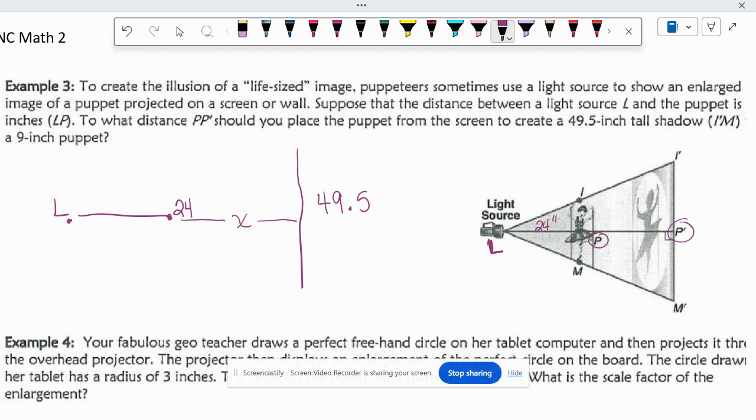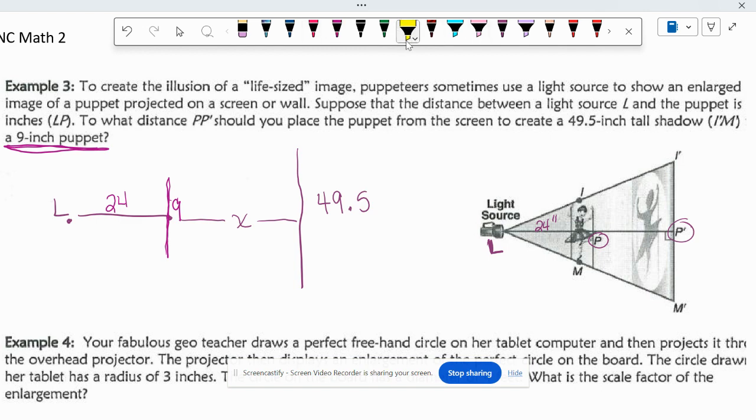Okay. Well, the first thing that we need to know is how tall the original puppet is. How tall is the original puppet? What does it say right here? Yeah, it's 9 inches. So originally you have a distance of 24, and this measurement is 9.